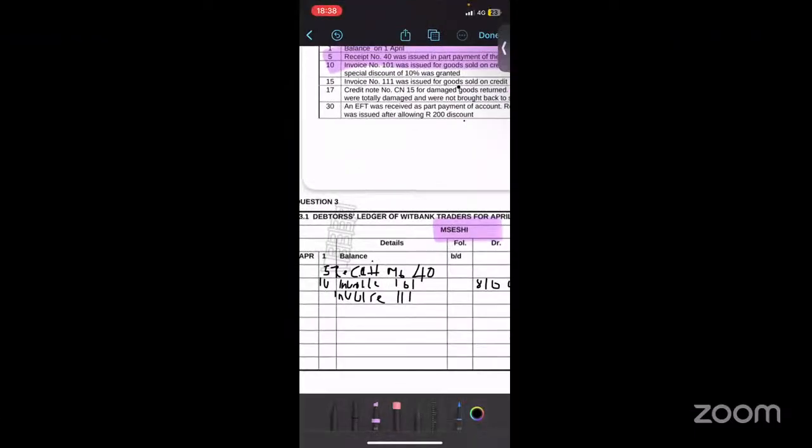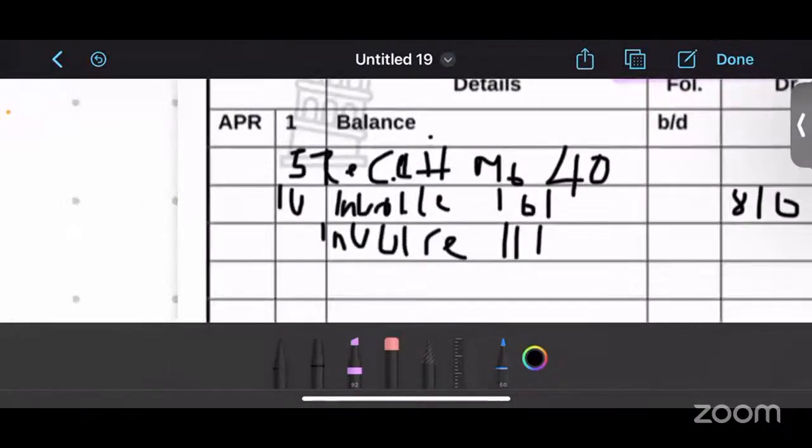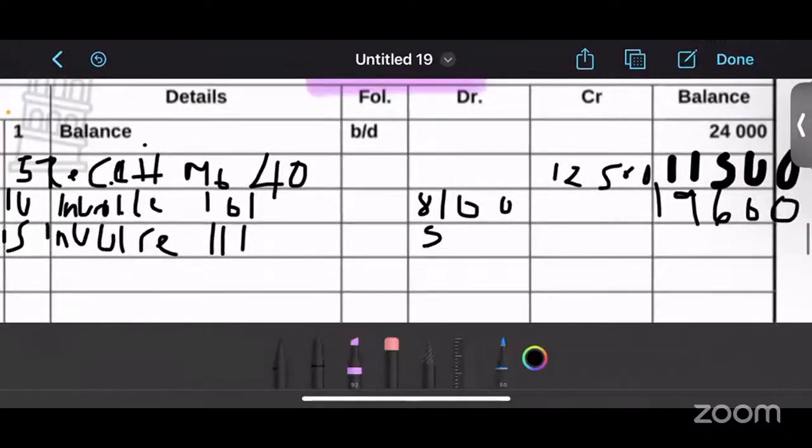Wait, I didn't get if we are debiting it or we are crediting it. We are debiting it. And this is the 15th. We are debiting 5,550 rands.